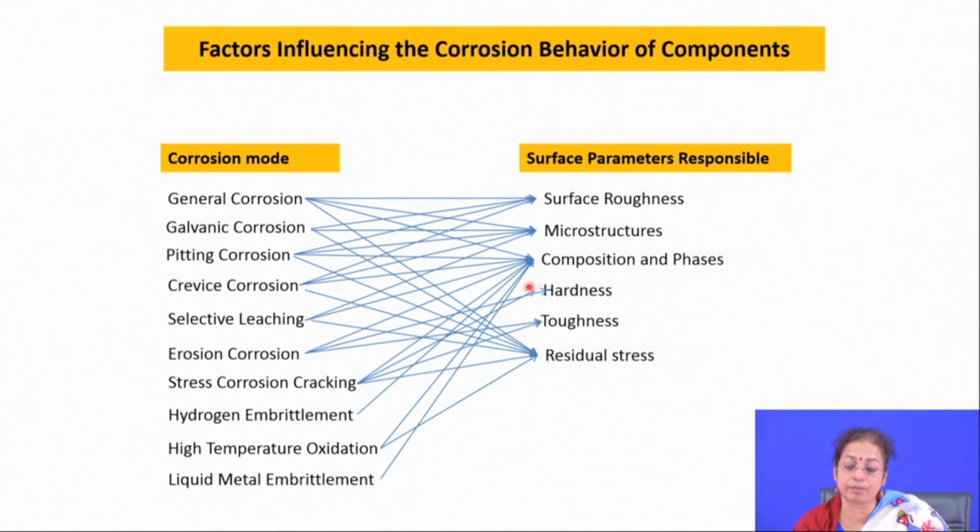In liquid metal embrittlement, composition and phases are very important. So you can understand which parameters influence the different corrosion behaviors of a component. If you go on controlling those parameters, you can easily minimize the tendency of corrosion attack in different ways.